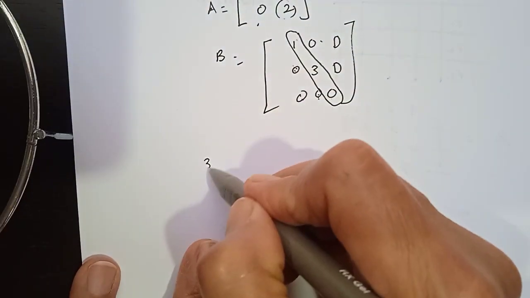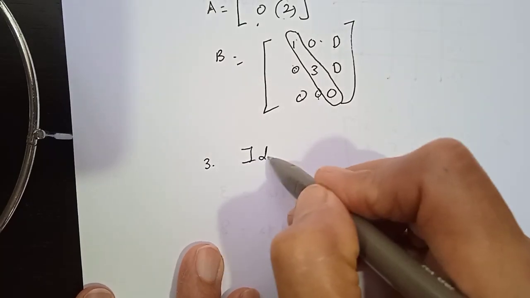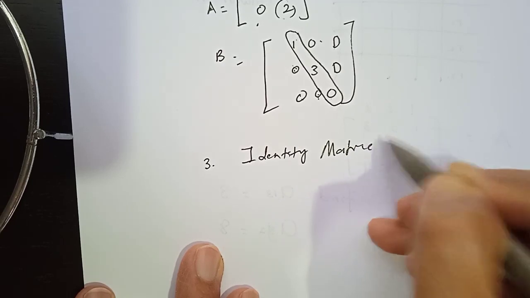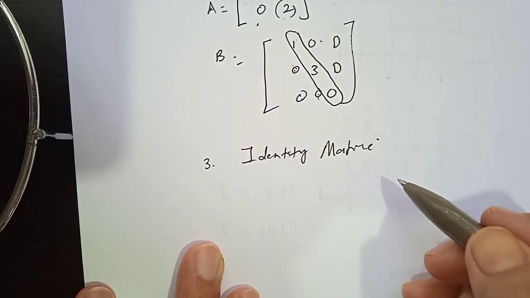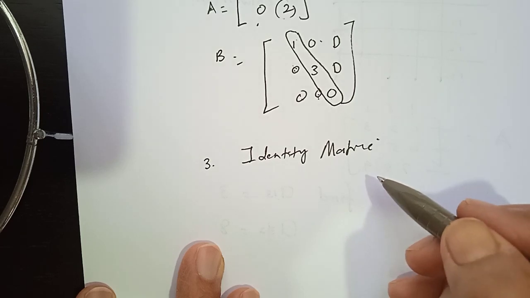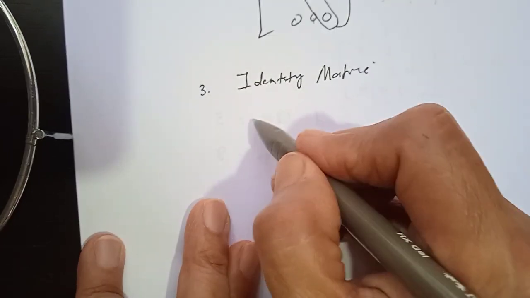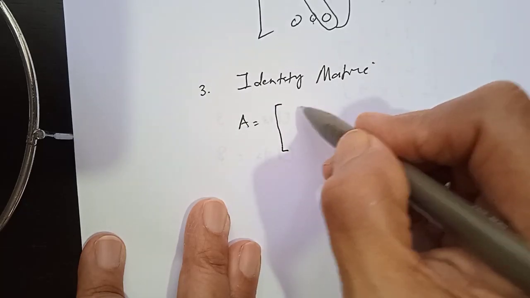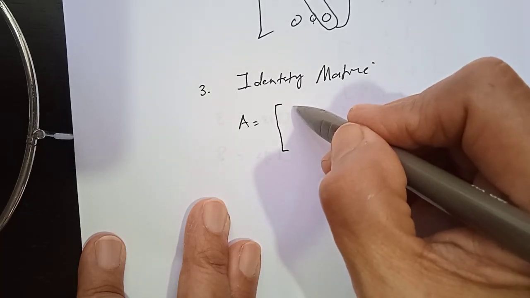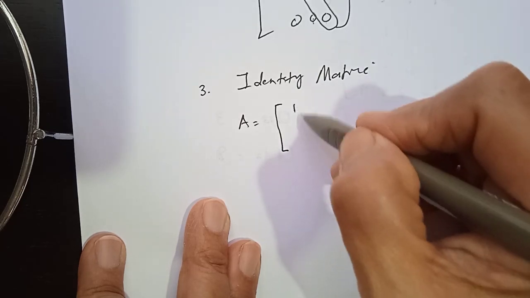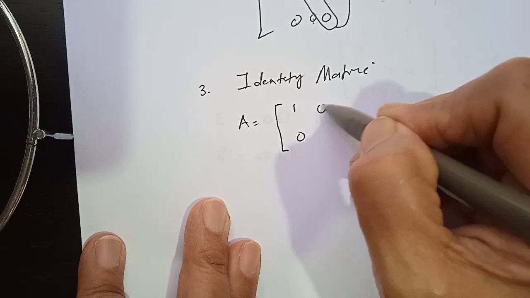Next is identity matrix. An identity matrix is a square matrix with 1 on the main diagonal and 0 elsewhere. It's a diagonal matrix, but the diagonal element is 1. 1, 0, 0, 1.